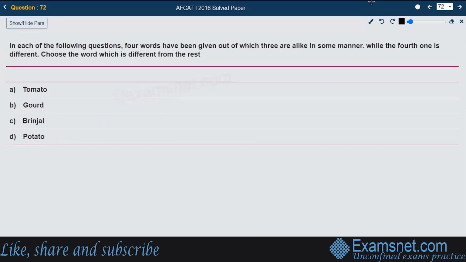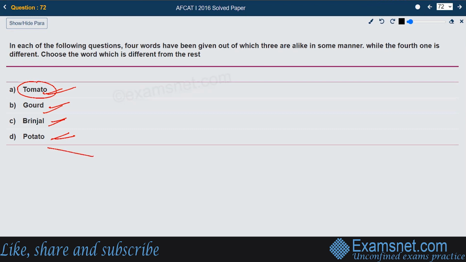Next, we are supposed to find out the odd one out. The words are tomato, gourd, brinjal, and potato. If you have a closer look at this, potato is the only vegetable in the group which grows under the ground.